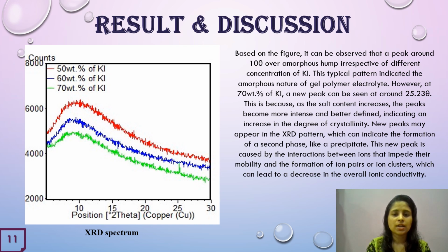This is because as the salt content increases, the peaks become more intense and better defined, indicating an increase in the degree of crystallinity. New peaks may appear in the XRD pattern, which can indicate the formation of a second phase like a precipitate. This new peak is caused by the interactions between ions that impede their mobility and the formation of ion pairs or ion clusters, which can lead to a decrease in the overall ionic conductivity.